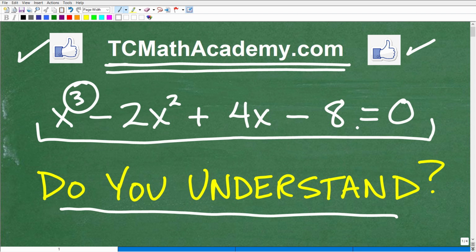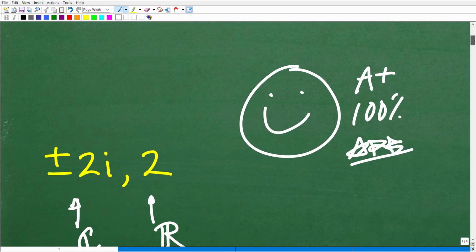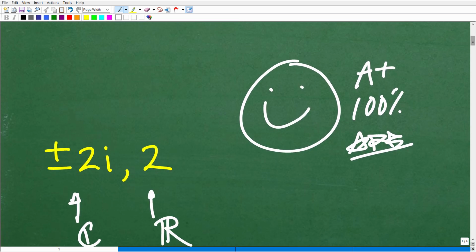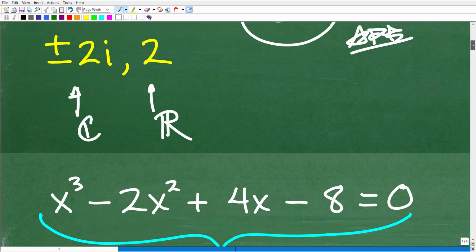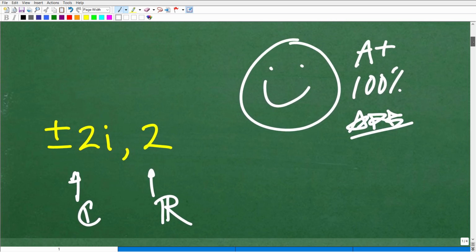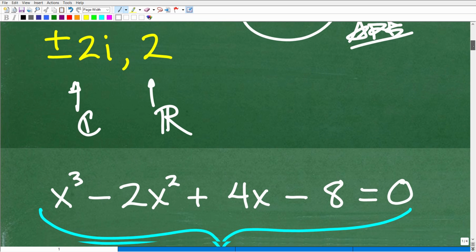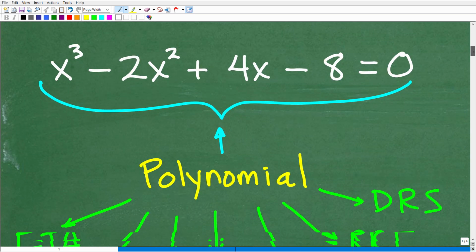Okay, so the directions here would be find the roots of this polynomial equation, i.e. solve this polynomial equation. So anyways, I'll get into this right now in terms of fully explaining what's going on. But if you understood this, that's very, very good. Clearly, you are paying attention in your class, or maybe you've been watching a lot of my videos. Who knows? Let's get into the problem right now.